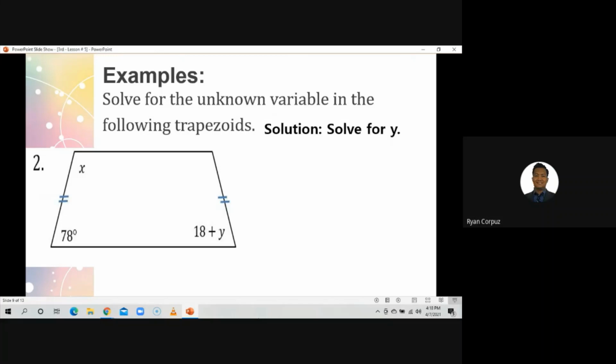That is by equating the two. So we do have 18 plus y, ito yon, equal to 78 by using the property. Then move yung 18 to the right side, magkakaroon tayo ng y is equal to 78 minus 18. Then 78 minus 18 is equal to 60. So the value of y is equal to 60.